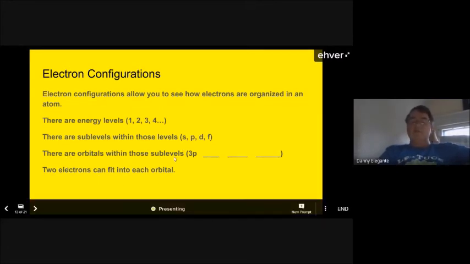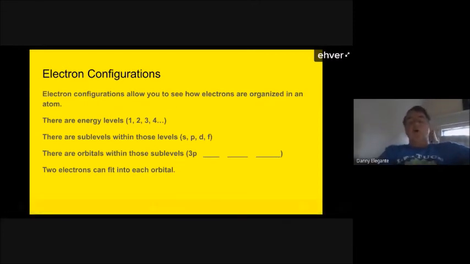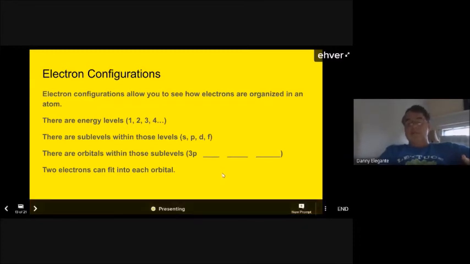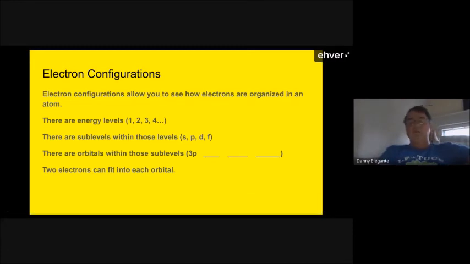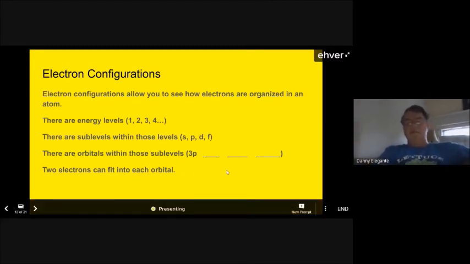Within those sublevels, you find orbitals. So for example, the 3p holds 6 electrons. That means that to hold 6 electrons, you need 3 orbitals, because each orbital can hold 2 electrons. One spins up and one spins down. So hopefully this is kind of coming back to your brain and you're going, oh yeah, I kind of remember that. So when we talk about an electron, first thing we do is say it's in the 4th energy level.